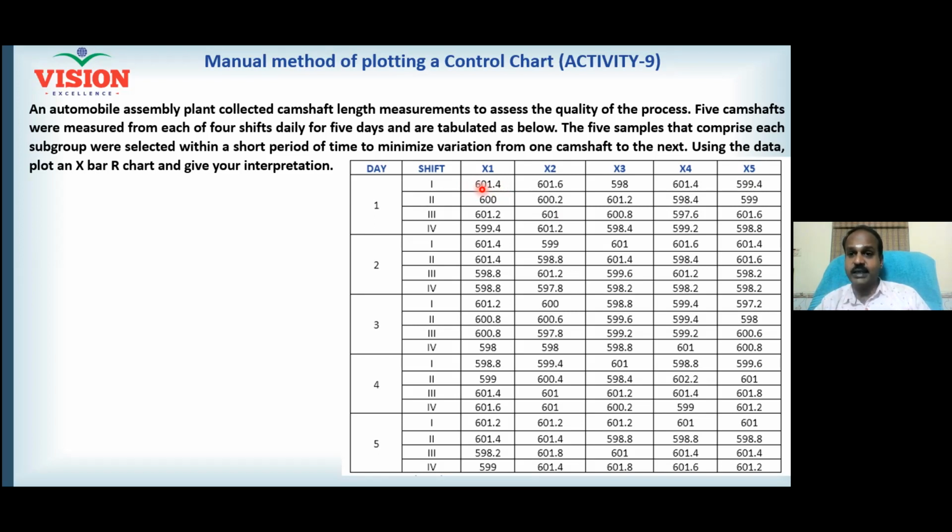The moment you understand the sample itself is bad, you know the sample is representing the whole lot. So you will not allow the people to produce further. Am I correct or not? Correct. If settings are wrong, how can you just continue just like that? So you have to be very careful with your control chart. Though it is just a point in the control chart, it represents a big lot behind it. Am I correct?